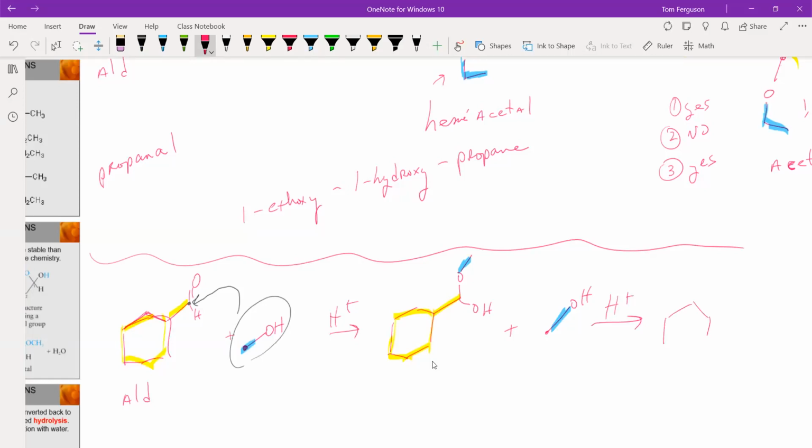We get our original backbone here. That's our first alcohol. The second alcohol is going to attach in the same place. And so we have a backbone.